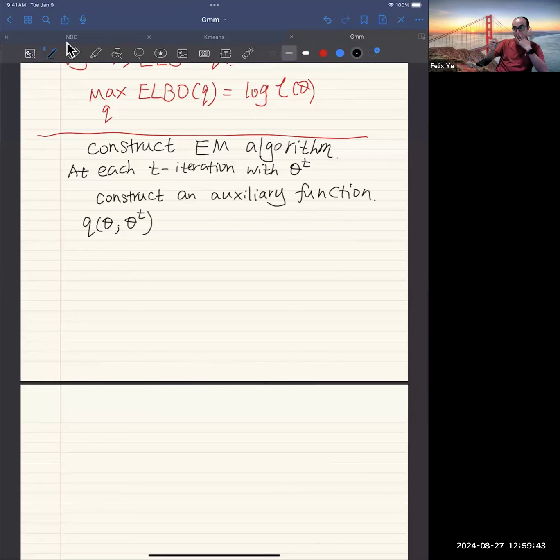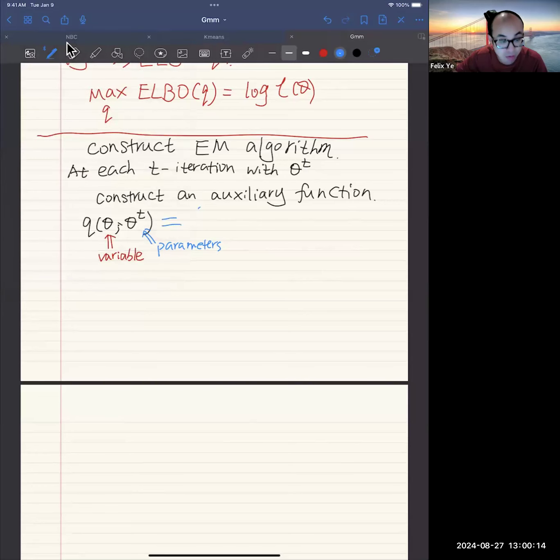This is a very important function. Theta t here is actually a specific parameter value, while theta is the variable. This is a fundamentally different part.